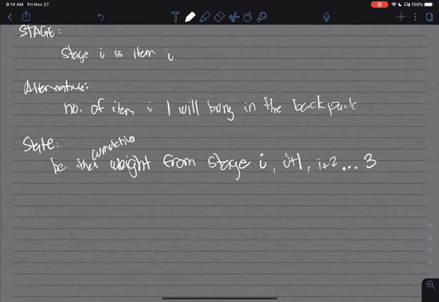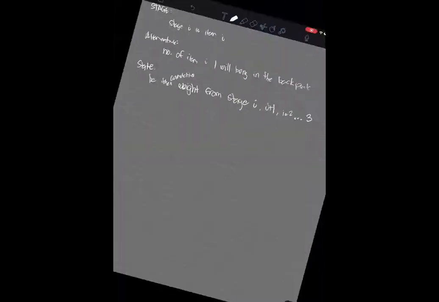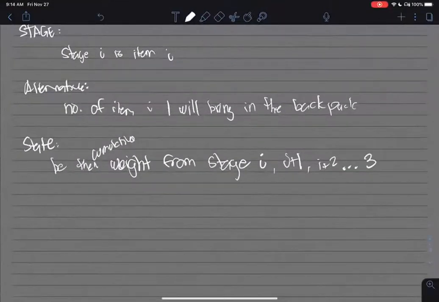Since we're using backward recursion, it's the cumulative weight from stage 3 to I plus 1, I plus 2, and what have you.